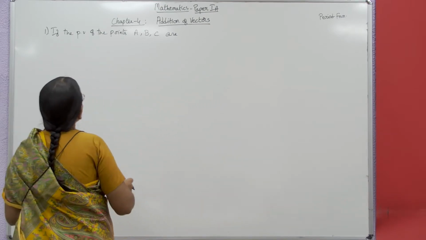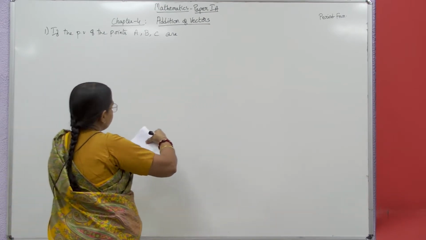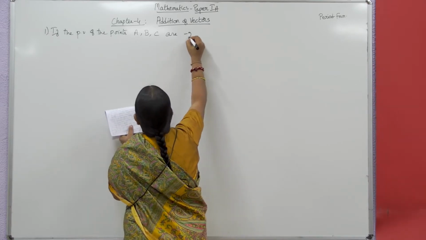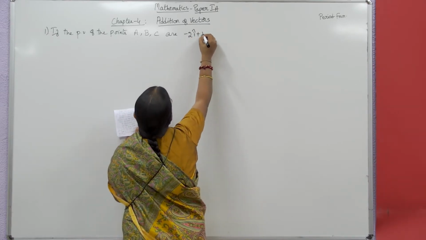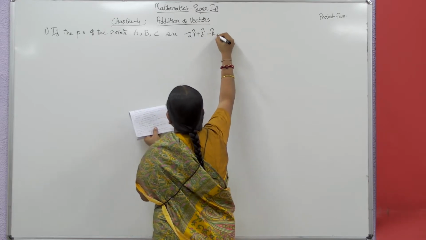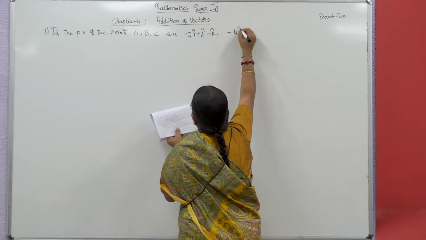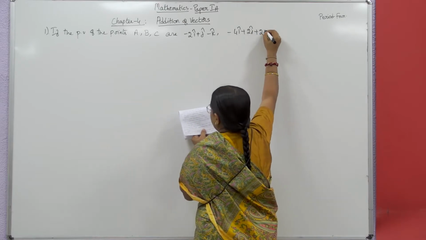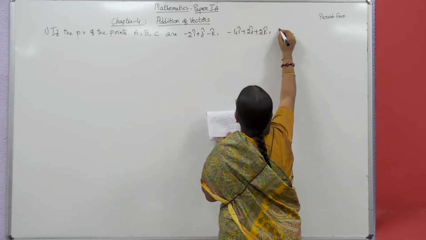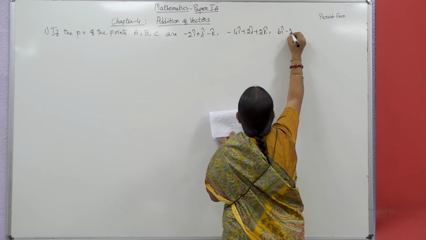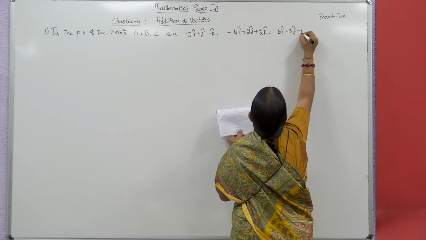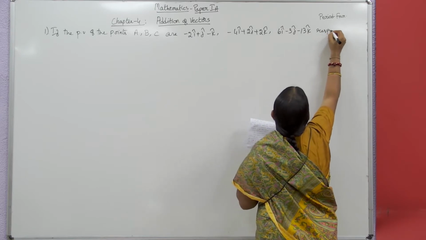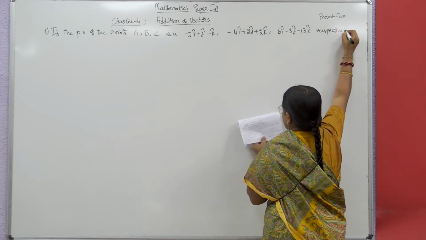The next problem is: the position vectors of the points A, B, C are minus 2i plus j minus k, minus 4i plus 2j plus 2k, and 6i minus 3j minus 13k respectively.